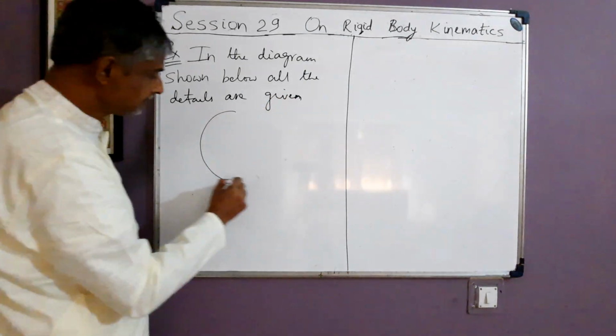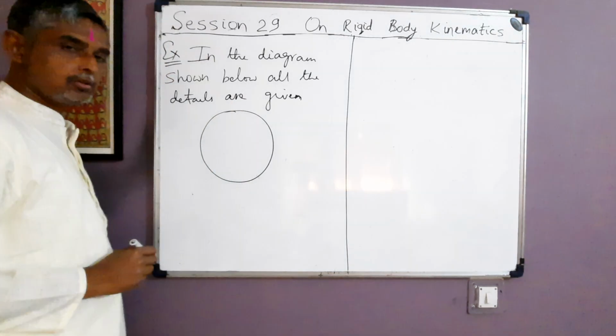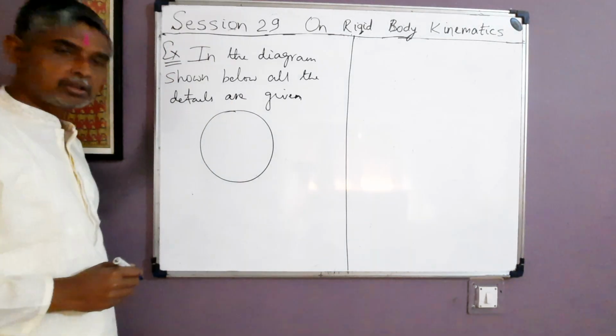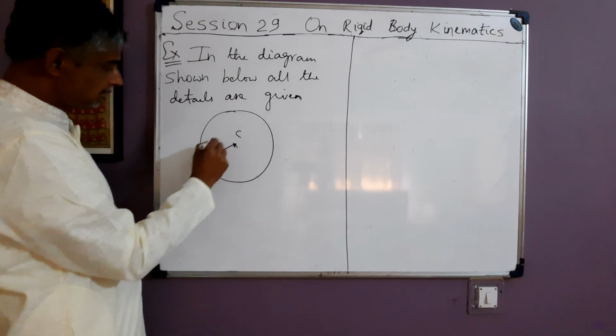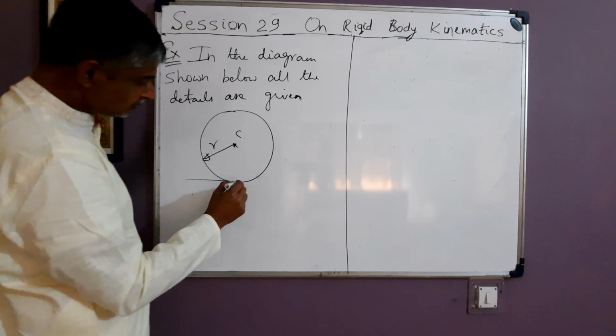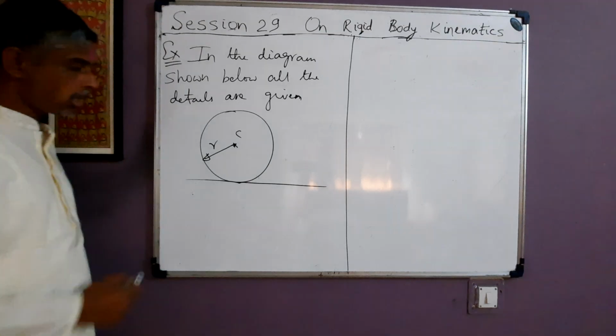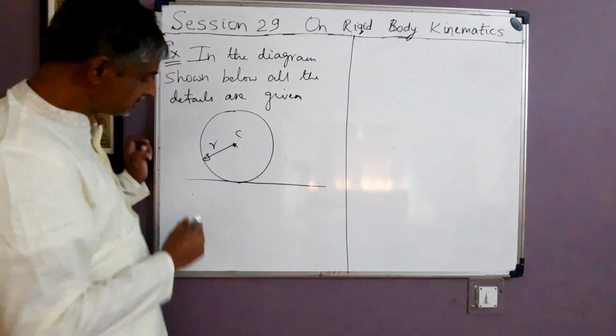I draw the diagram. There is a thin circular drum with center at C and radius R. This is the horizontal ground surface, fixed surface.